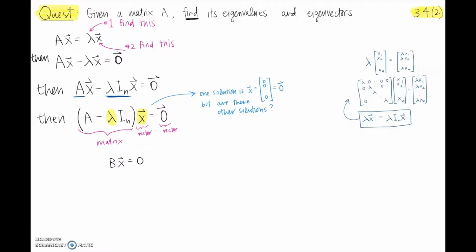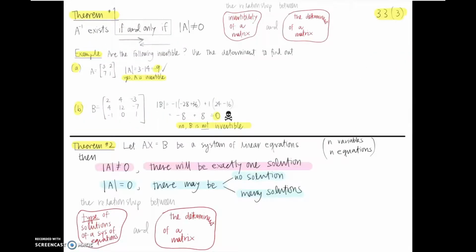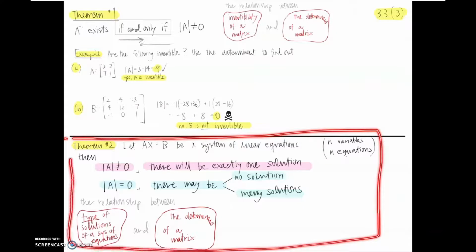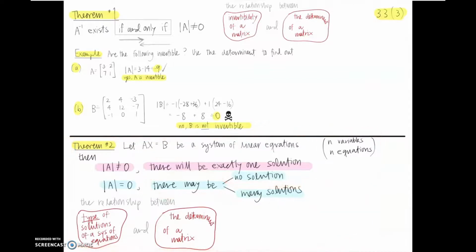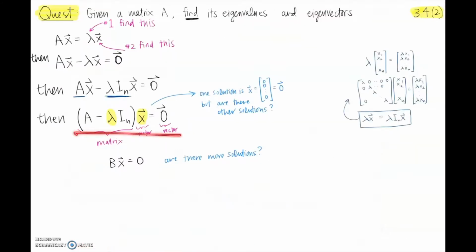Are there more solutions? At this point, I want us to go back to the last section because we're going to invoke this theorem right here. This was a very important theorem that we talked about. If we have a matrix equation, how do we get many solutions? What does that have to do with the determinant? We're looking for many solutions, because this expression, which we've just simplified to this, is where we want more solutions.